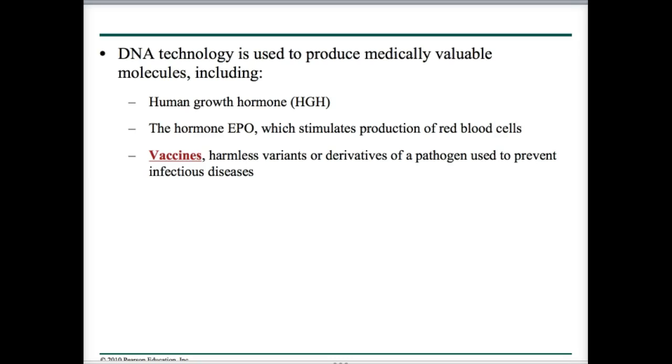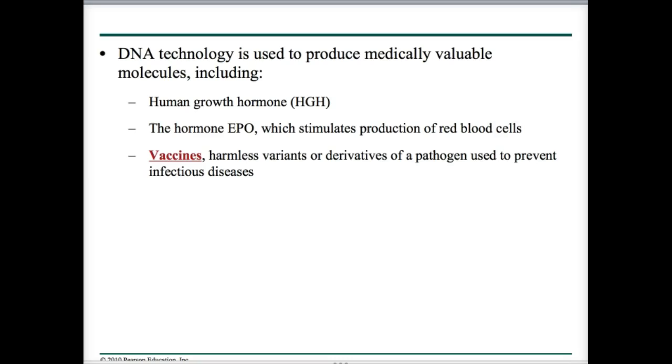So DNA technology can be used for many medical purposes to make supplemental material that some people might be missing. For example, human growth hormone, HGH, which is given to children who don't grow at a rate fast enough or at an adequate rate, so they can inject themselves with HGH.